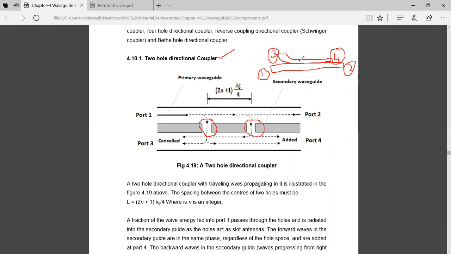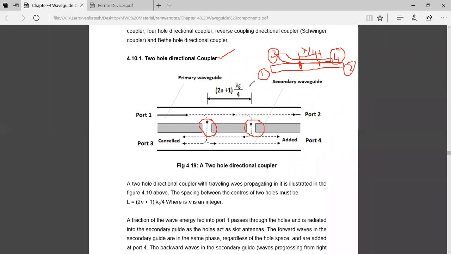There are two holes here, one hole made here and another hole made over here. The distance between these two holes is taken as lambda g by 4, the quarter wavelength.